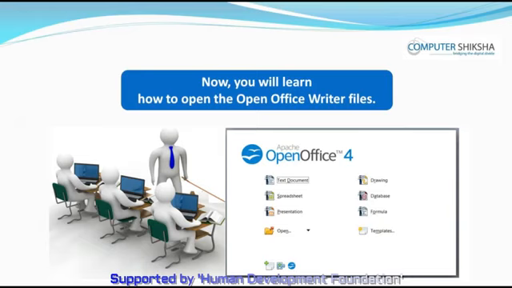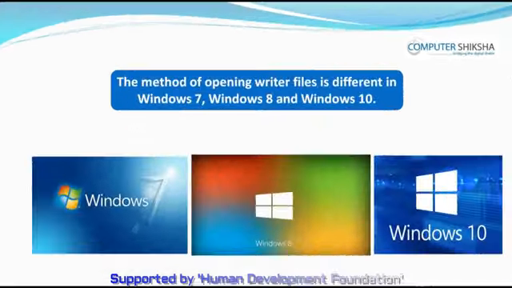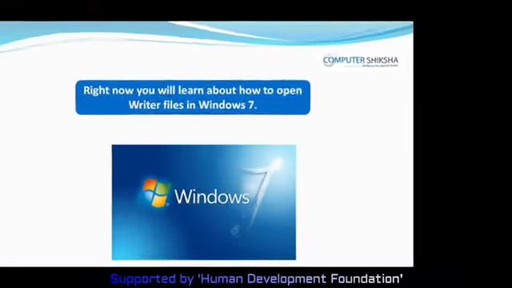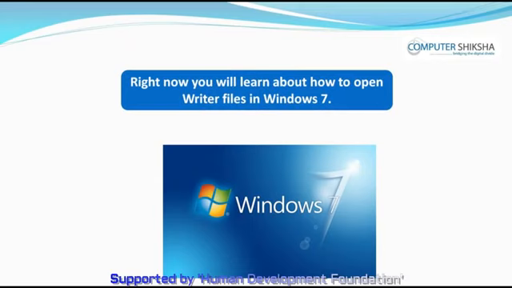Let us learn how we open Writer files. The method of opening Writer files is different in Windows 7, Windows 8, and Windows 10. You would be using one of these Windows versions. Right now, you will learn about how to open Writer files in Windows 7.